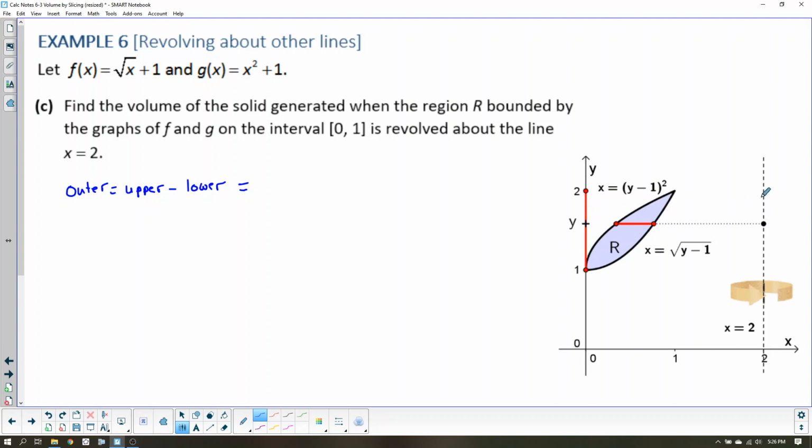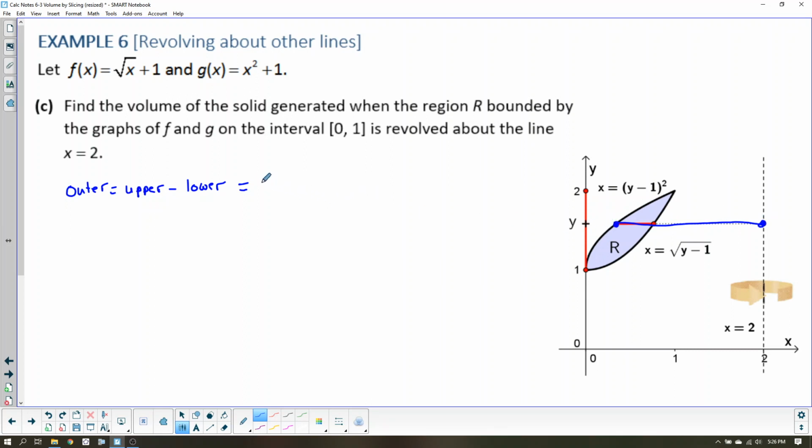So if we look at the functions, think of this as its own function, x equals 2. The outer radius is this distance here, that entire segment. But this would be upper, and this would be lower.